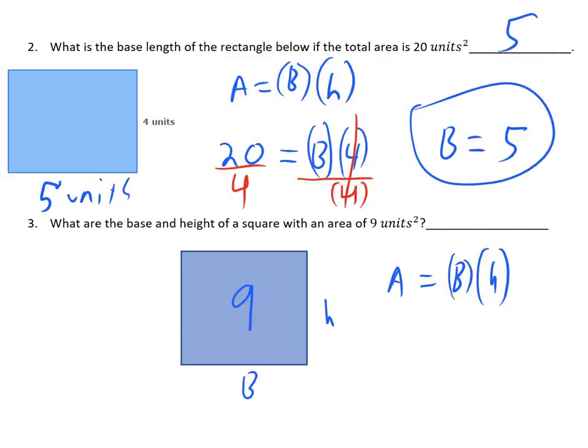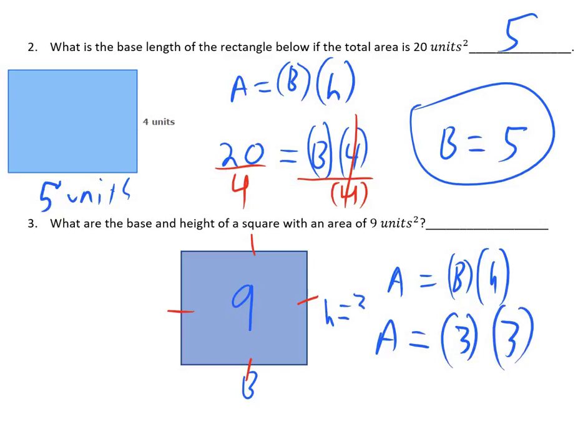But we also remember that this is a square, and what's fundamentally important about this square is that all 4 sides have the same exact measurement. So whatever the base is, it must be the same number as the height. So what number times itself, or squared, is going to give you the area of this square, hence the term. The only number that makes sense is 3 times 3.